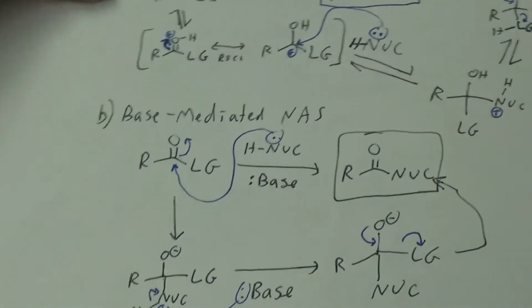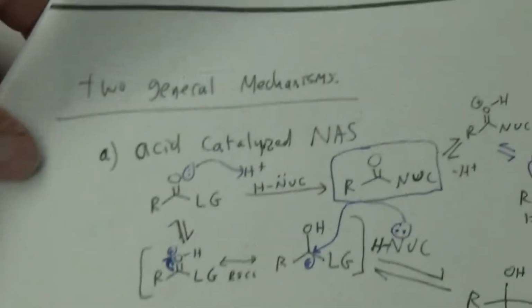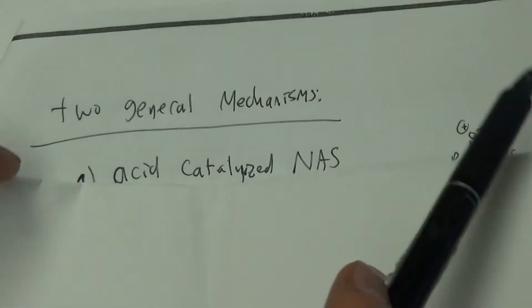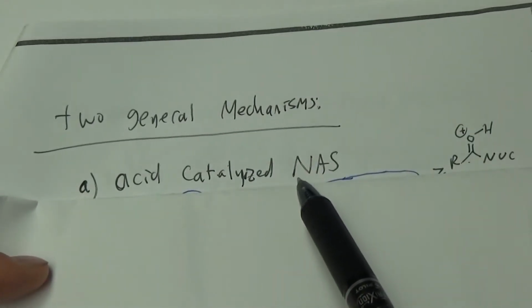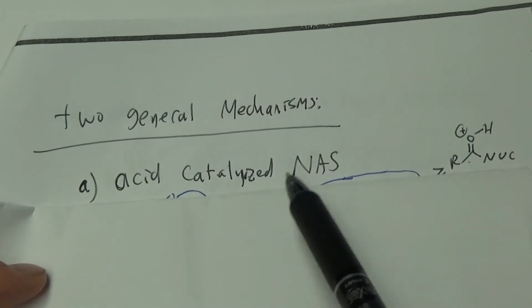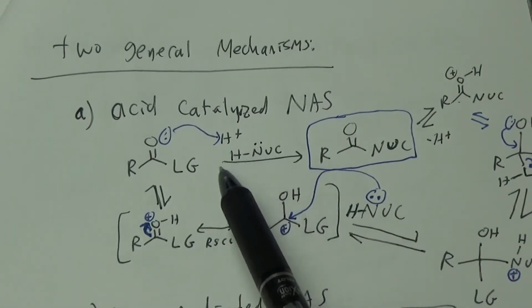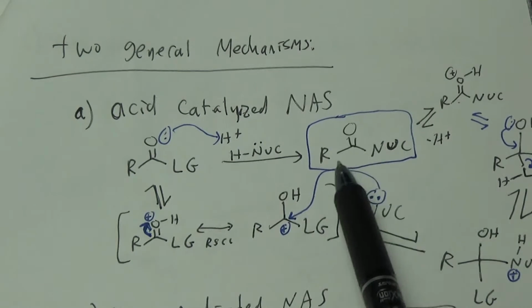Let's keep going. There were two types of NAS mechanisms: the acid catalyzed one, and the base mediated one. The acid catalyzed one basically transforms a leaving group into whatever your nucleophile is.